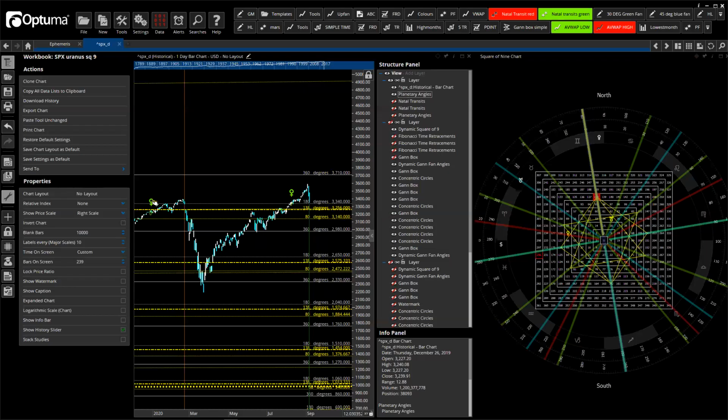I'm going to define them by starting the date that heliocentric Saturn is at 0 degrees. Well, sorry, yes, we are doing that. We're going to lay the box relative to this outer ring, and we're going to look at the relationship of the moving planets within. So let's look at the moment that heliocentric Venus crosses 0 degrees.